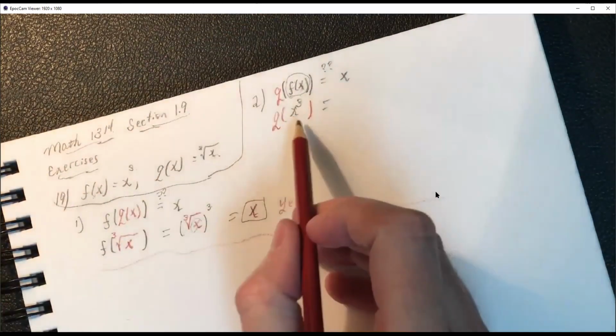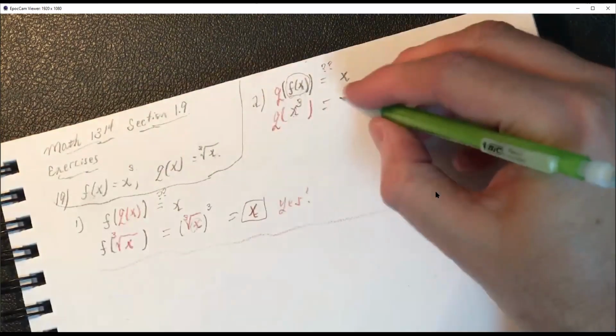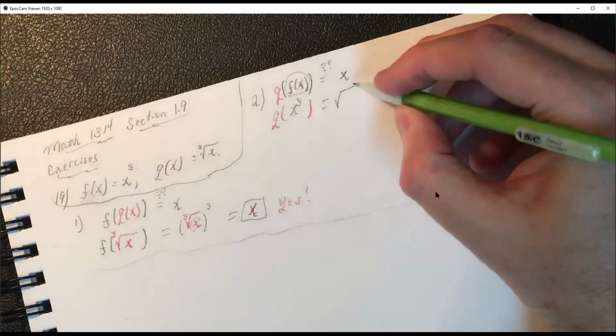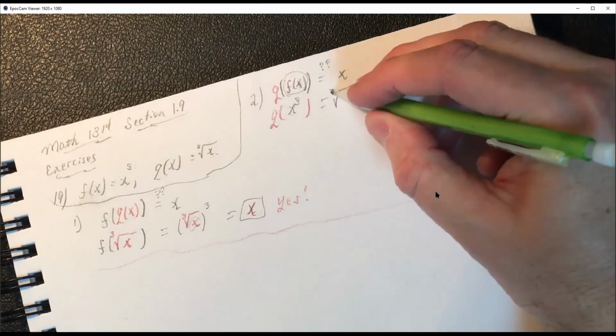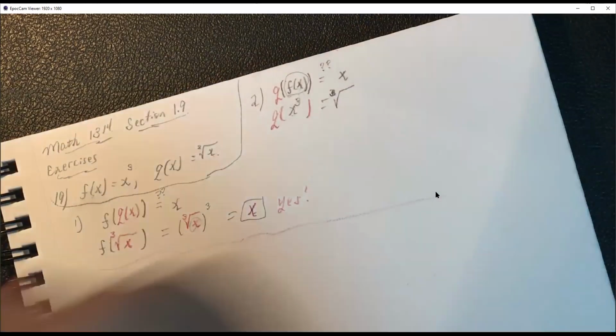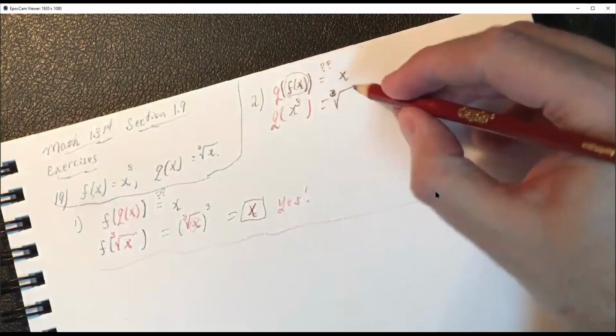Now plug that expression into g, which is right here, and we get the cube root of x, and we put x cubed into it. I'm sorry, got my colors mixed up here.